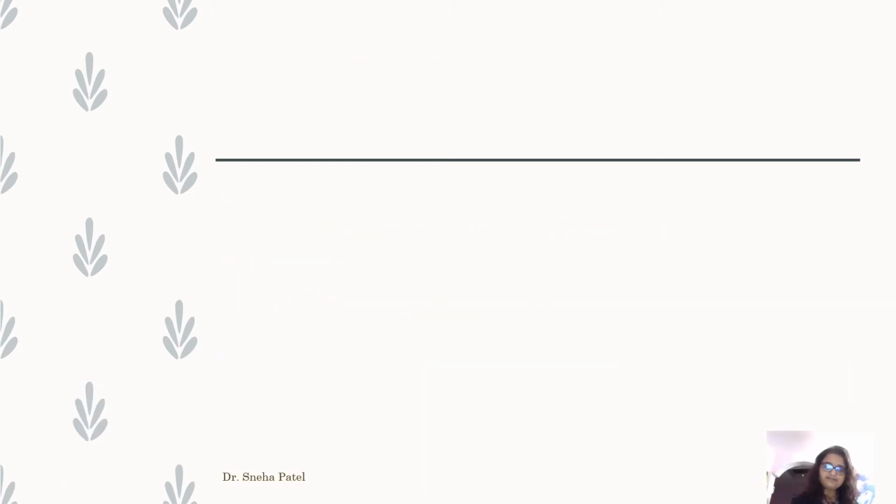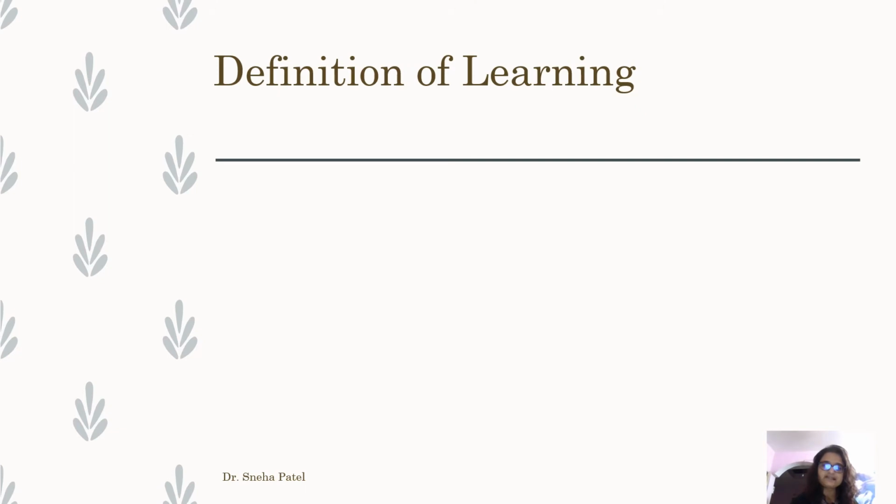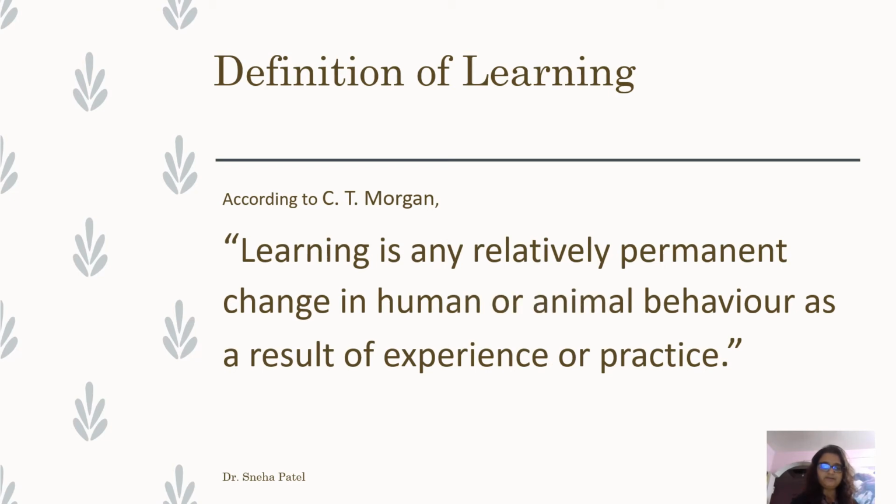Let us look at the definition of learning, which is given by the psychologist C.T. Morgan. According to C.T. Morgan, learning is any relatively permanent change in human or animal behavior as a result of experience or practice. So, what do you have to understand, students? There are three things given here that you have to take care of and understand.